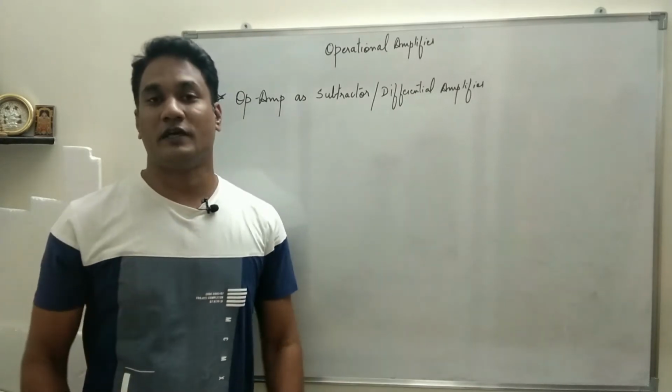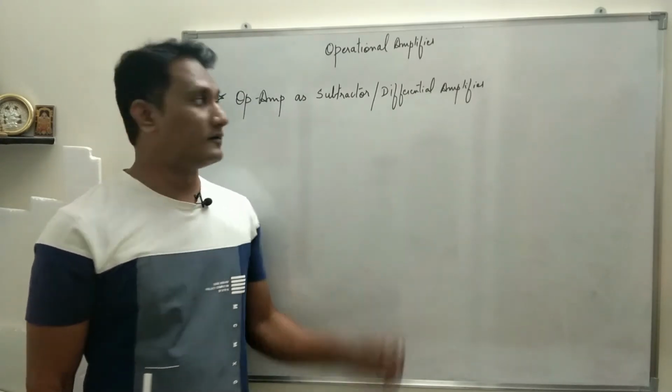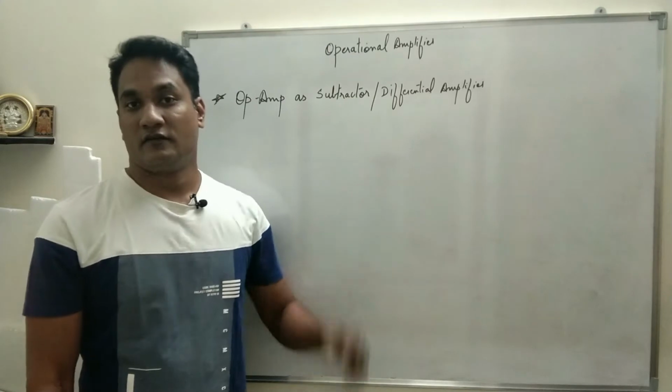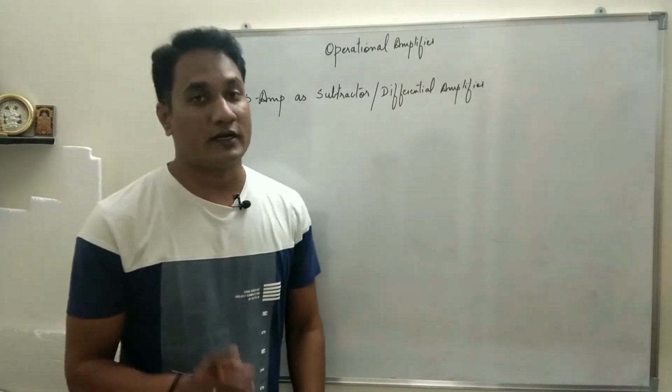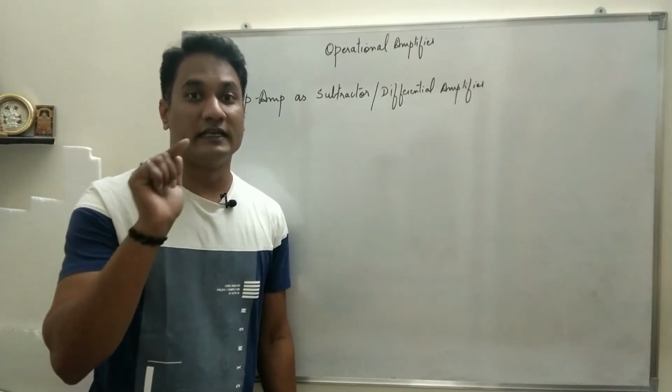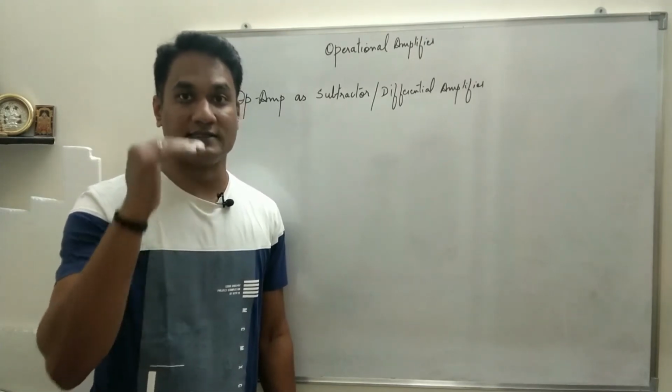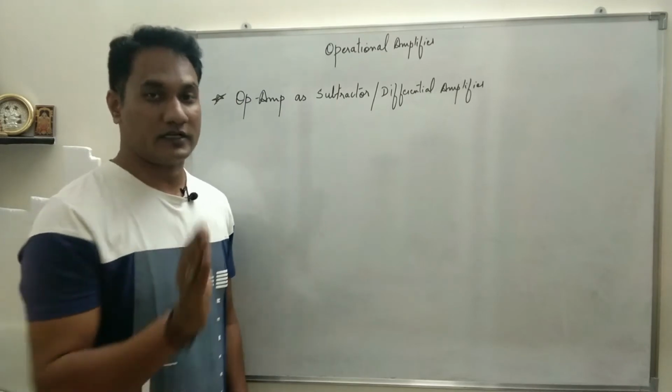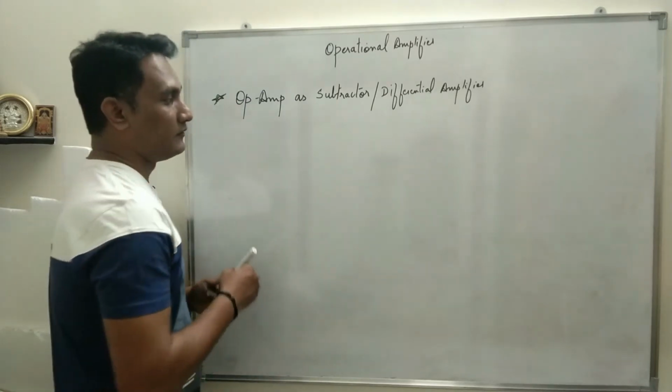So that is what we are going to use as an application for op-amp as subtractor. We will have two inputs given to two different terminals, inverting and non-inverting. This is the only example where we will do that.